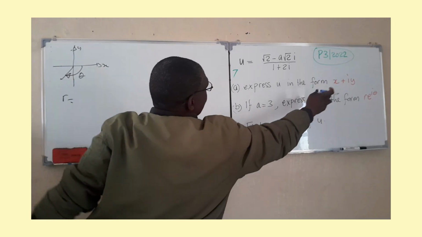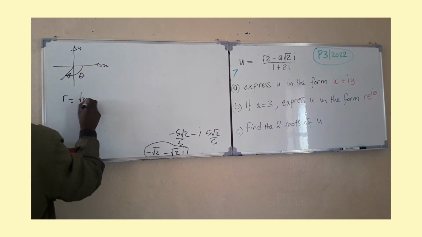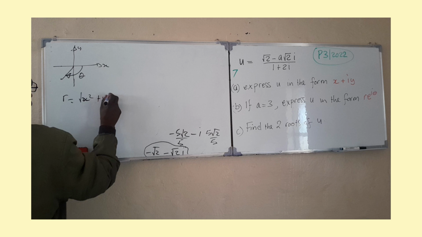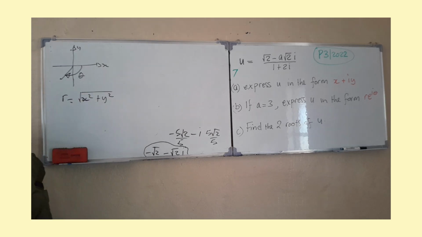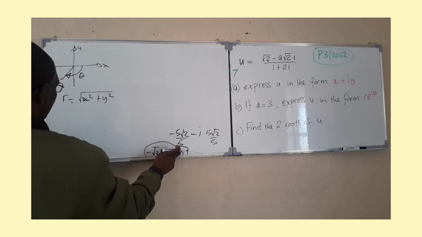Now, we know that, first of all, our r, which is the modulus, if it is x, y, r is given by the square root of x squared plus y squared. But in this case, x is minus root of 2, y is minus root of 2.